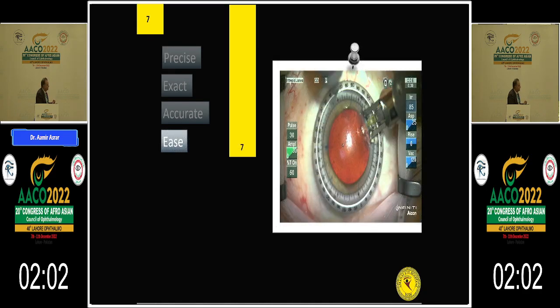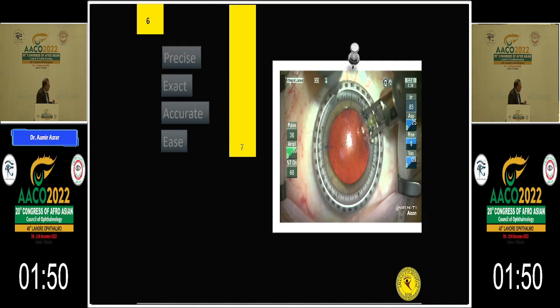It is absolutely onto the location where we want, and especially when it is required to be arcuate at odd angles, we can be very accurate. We may be very good at giving arcuate incisions with knife, but they can never be done with as much ease as with a femtocataract.